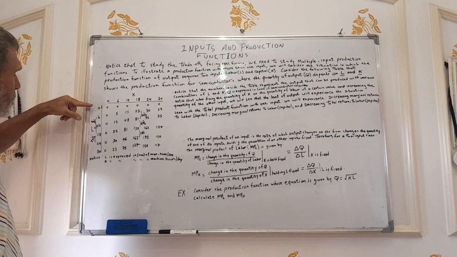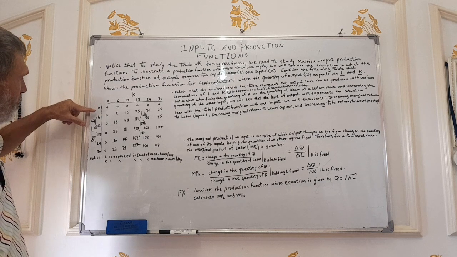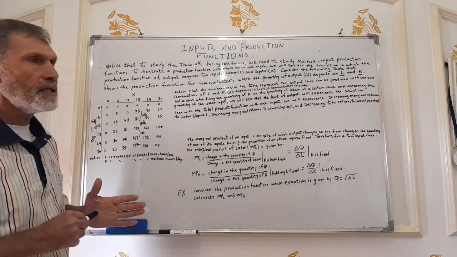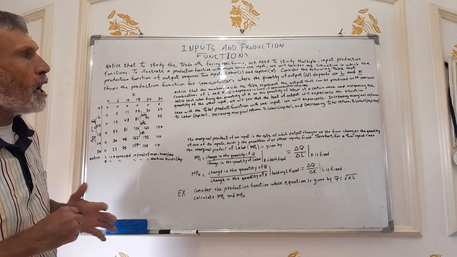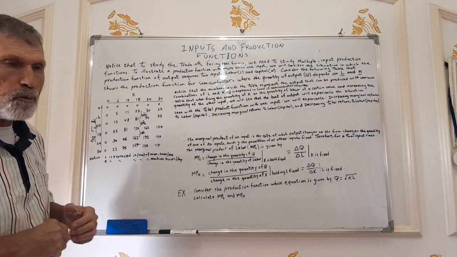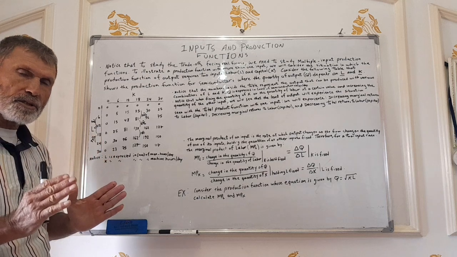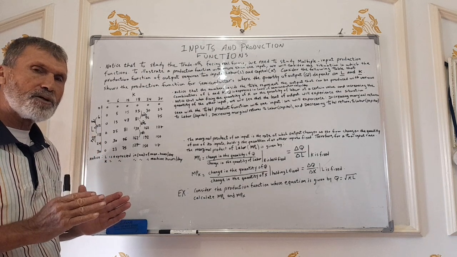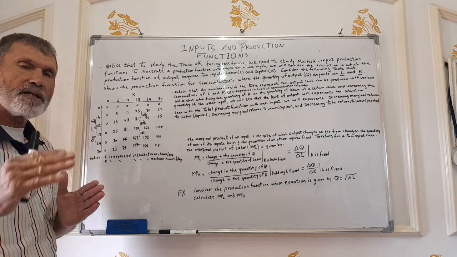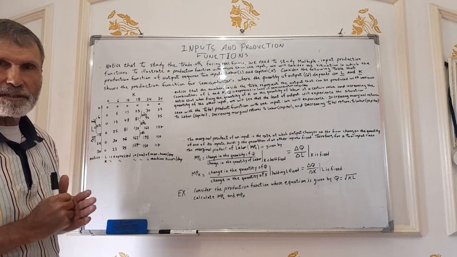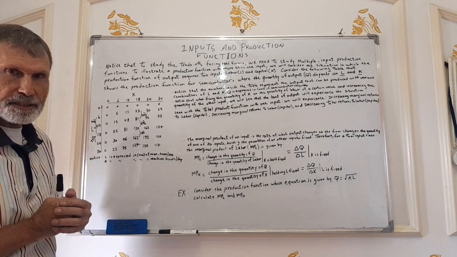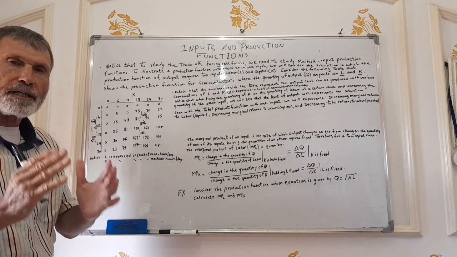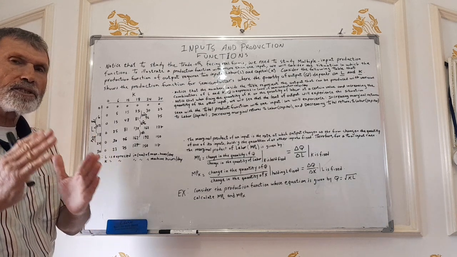So the region from 0 all the way to 12 represents increasing marginal returns to labor. What that means is it is the region whose output increases with the additional labor at an increasing rate. So this is the region called increasing marginal returns to labor.